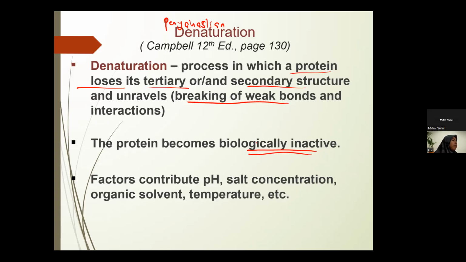Okay. What are the factors that cause denaturation? They can be due to pH contohnya. pH yang tidak sesuai, kepekatan garam yang sangat tinggi ataupun yang sangat rendah kepekatan garam. Okay. Solvent, pelarut-pelarut disebabkan oleh temperature dan sebagainya. These are factors that can cause denaturation.